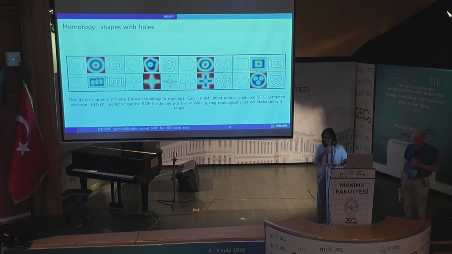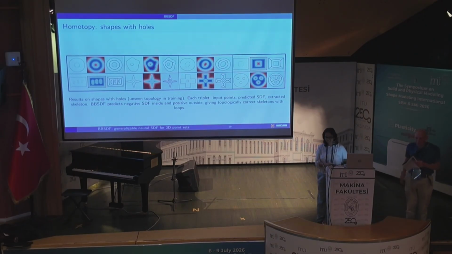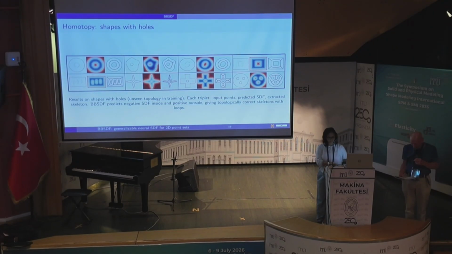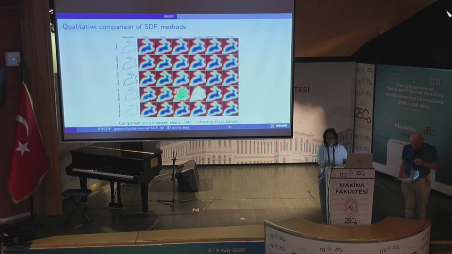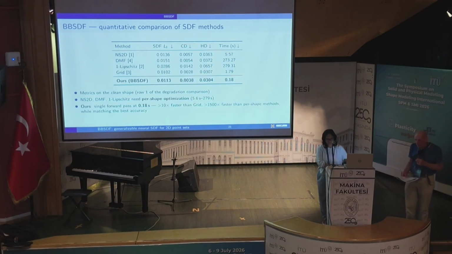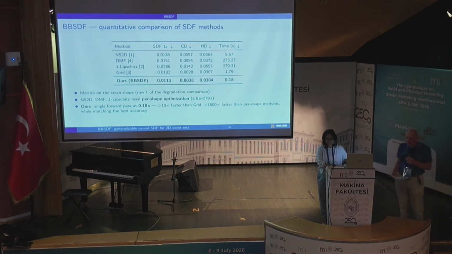I was wondering, if I compare to more traditional neural implicit functions, they are retrained for every new shape. But here you need to have a lot of training on a lot of shapes.